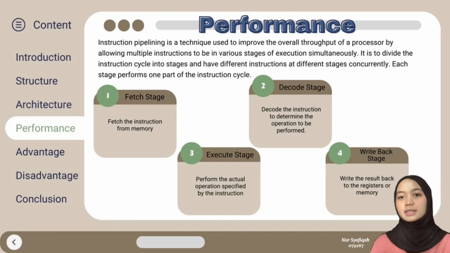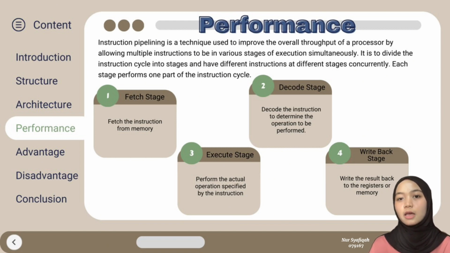Instruction pipelining is a technique used to improve the overall throughput of a processor by allowing multiple instructions to be in various stages of execution simultaneously. It is to divide the instruction cycle into stages and have different instructions at different stages concurrently. Each stage performs one part of the instruction cycle.